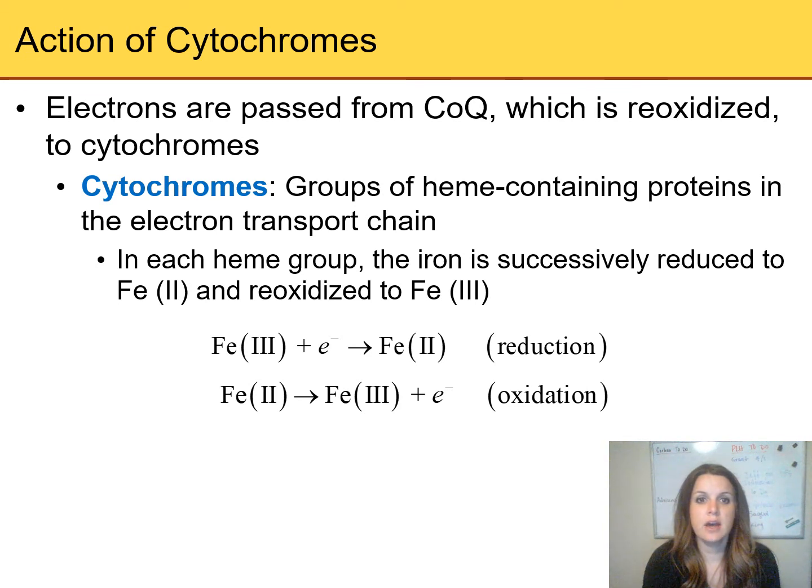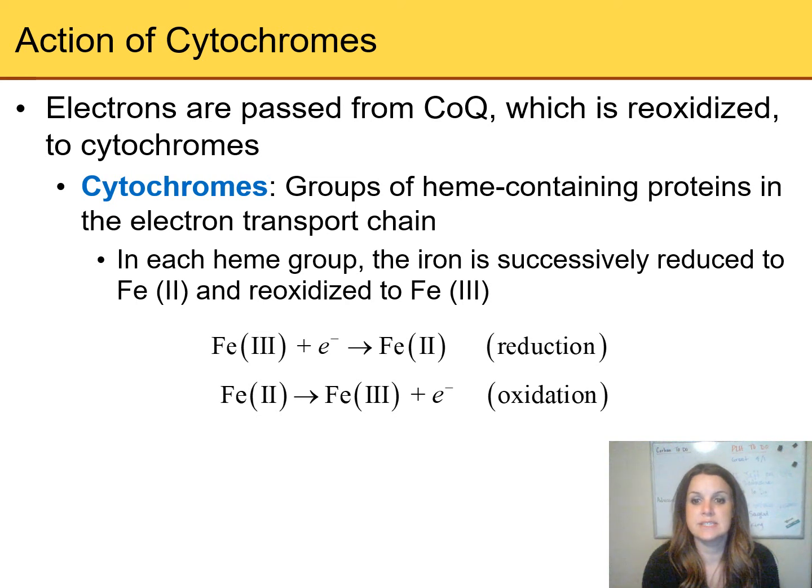So why? Well, electrons are passed from coenzyme Q to cytochromes. And what are cytochromes? Cytochromes are groups of heme-containing proteins in the electron transport chain. So heme, we've heard that term before when we talk about hemoglobin. Basically what it means is it's an iron-containing compound. And you're going to see a bunch of different types of cytochromes that are distinguished by lowercase letters such as A, B, and C, and sometimes there's a possible additional subscript like 1 or 2.